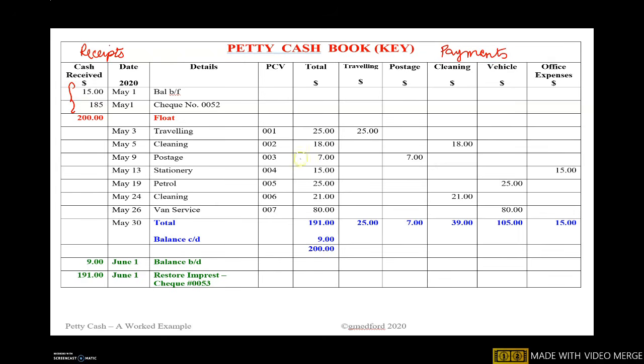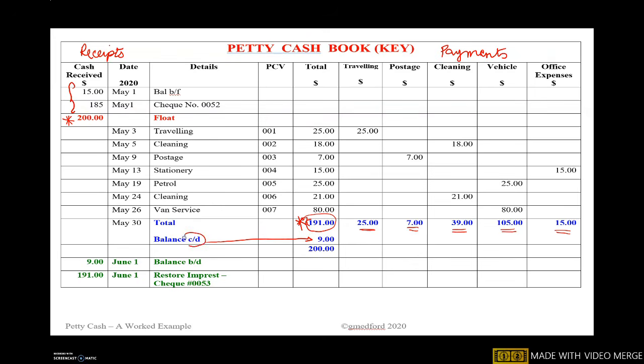We found the total of our total column, and we also totaled each analysis column. We found our balance carried down or carried forward by deducting total credits, 191, from total debits, 200, and we came up with $9.